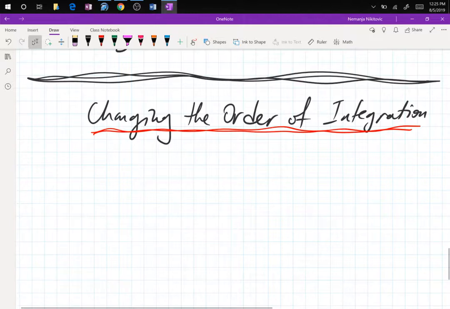So you cannot just swap. Is it possible to interchange the order? Yes. But it's a process. So here is problem 64, and we'll do more after the exam.